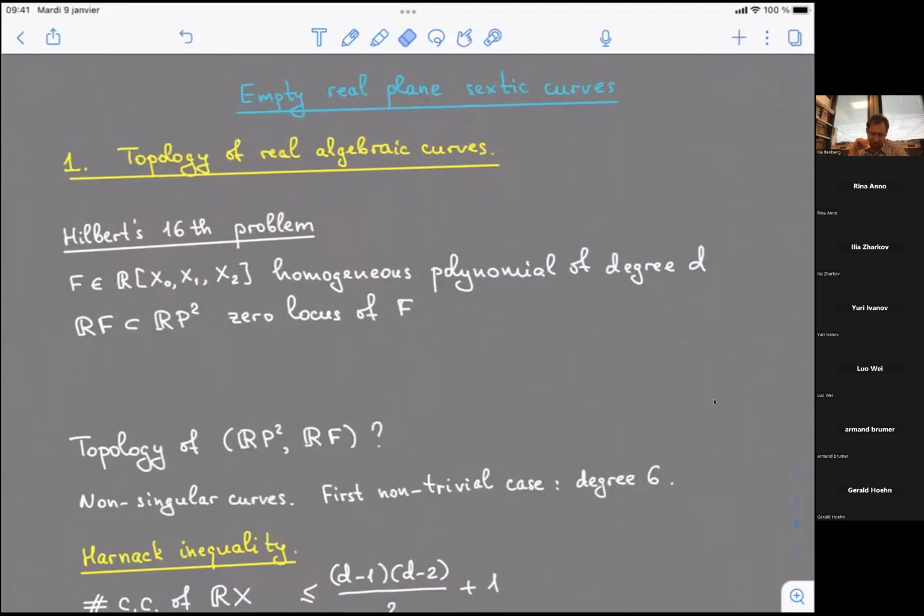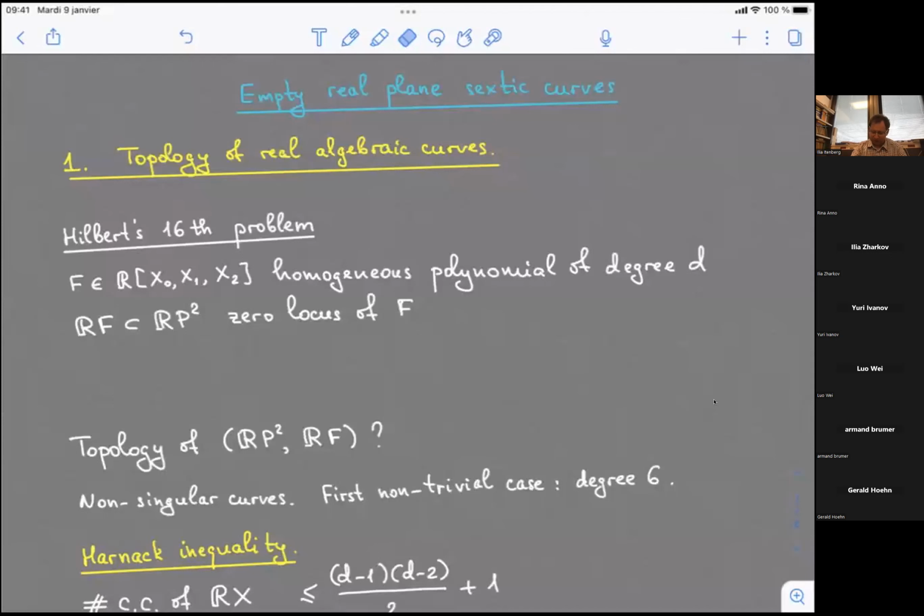So, let me first discuss a little bit this first part of Hilbert's 16th problem before coming to discussion of empty real sextics.